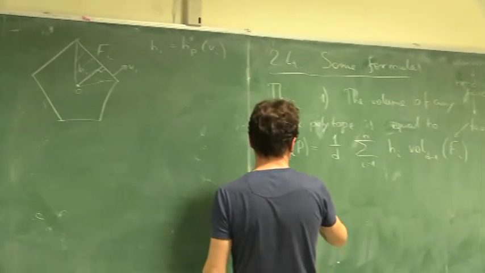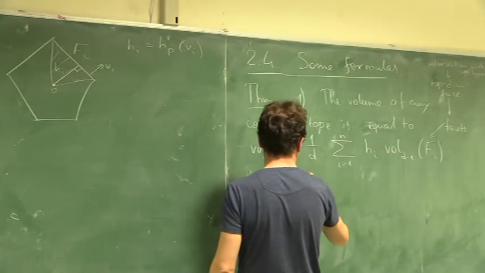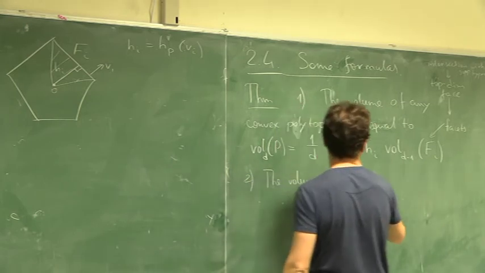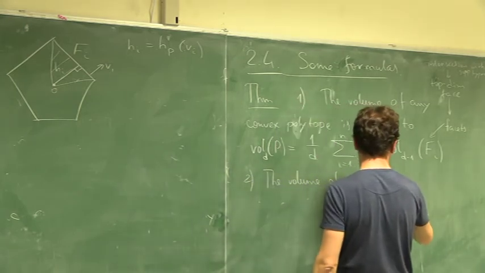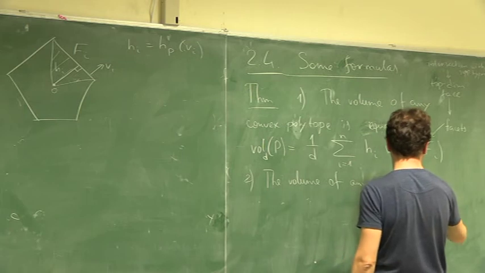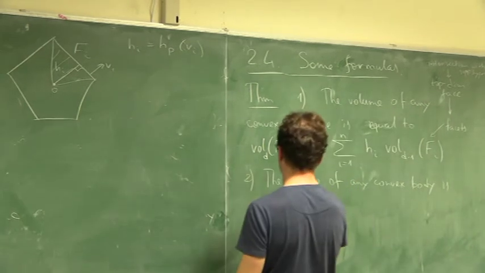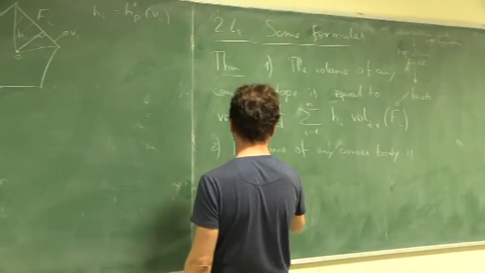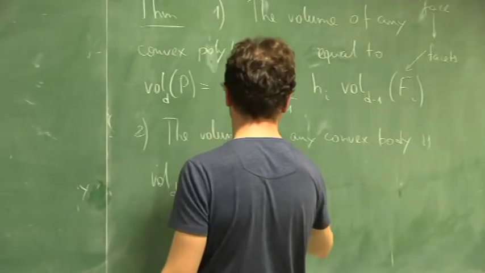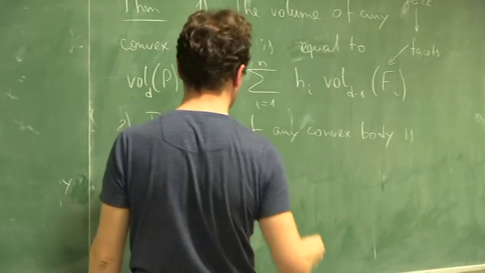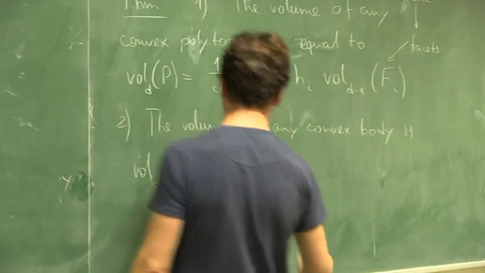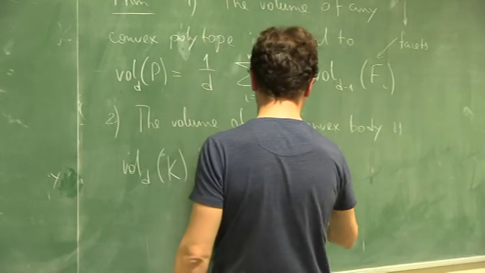Then the volume of any convex body is equal to 1/d times the integral over the boundary of K of the support function.